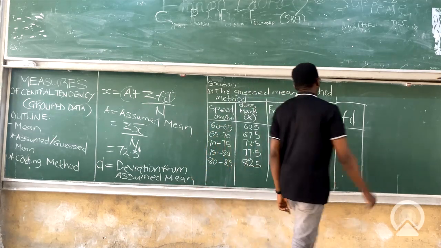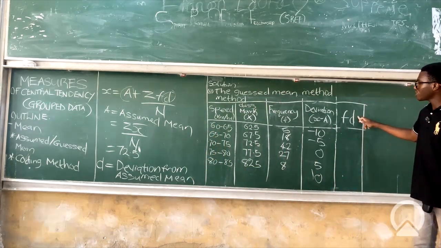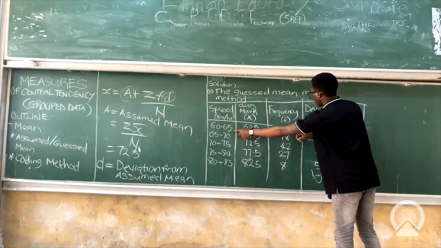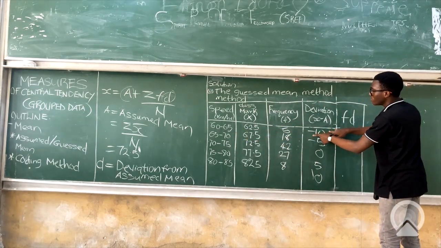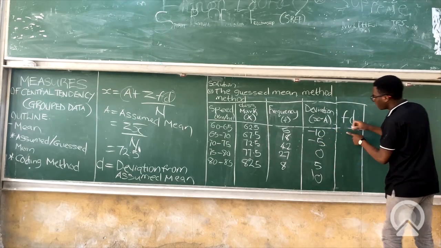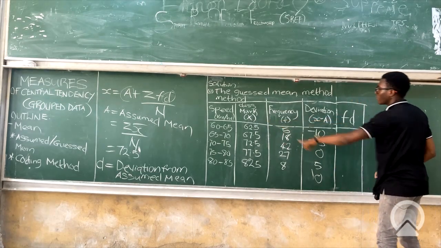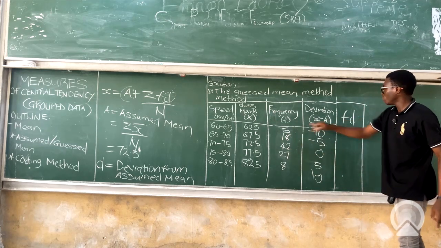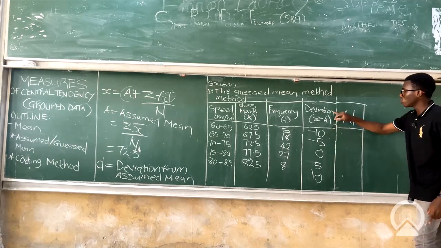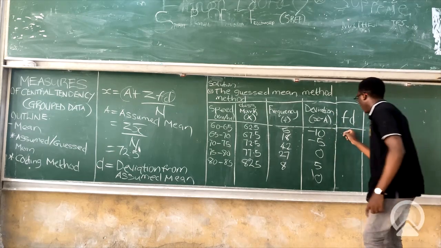Then the final column, which is our FD, is simply a multiplication of the frequency of the particular class interval you're working on with the deviation from the assumed mean of that class interval. So we have our FD for our first class interval being 5, being the frequency F, multiplied by minus 10, being the deviation D. So this will give us minus 50.